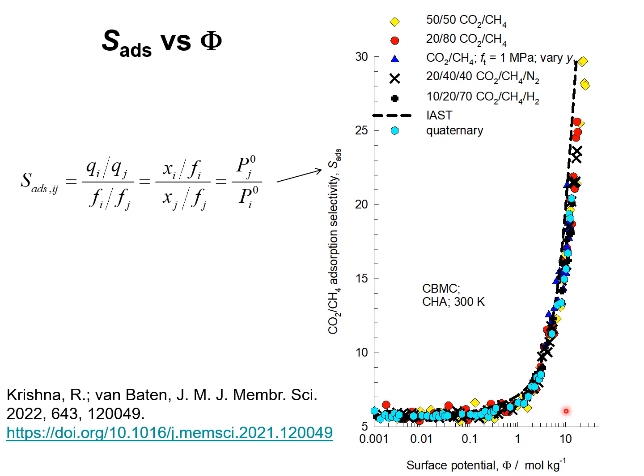The same conclusion regarding the uniqueness of the dependence of the adsorption selectivity on phi holds for CO2 nitrogen mixtures, CO2 hydrogen mixtures, mixtures of methane and nitrogen, mixtures of methane and hydrogen, and all this data is available in this publication.